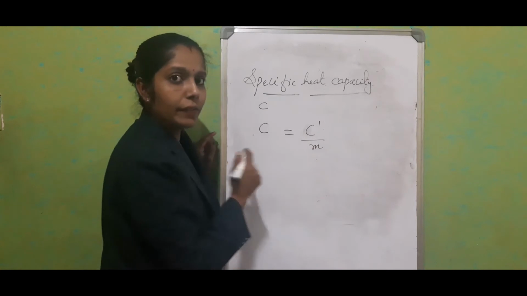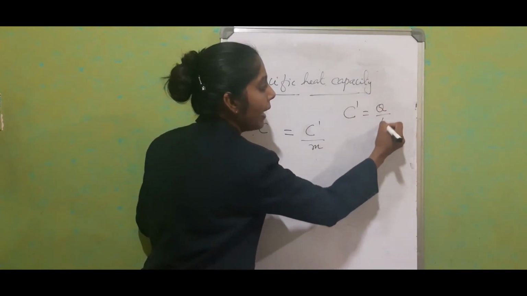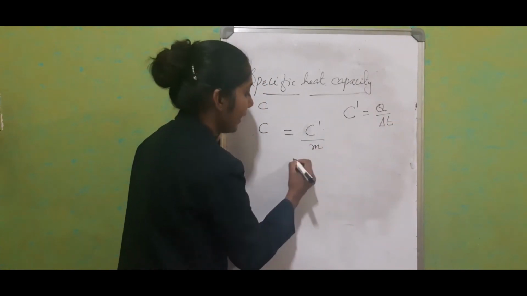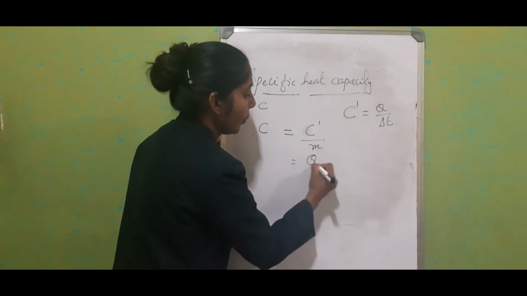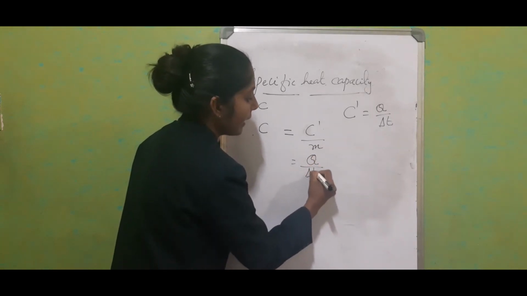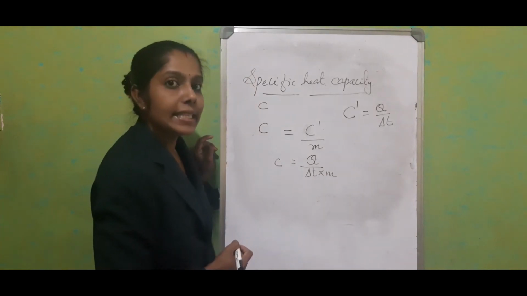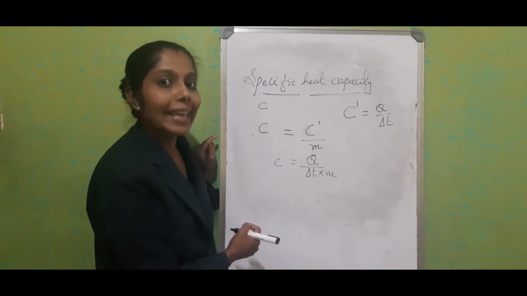What was the equation for C dash? C dash is equal to Q by delta T. If we substitute that here, instead of C dash we get Q divided by delta T into M. So specific heat capacity is equal to Q by M into delta T.